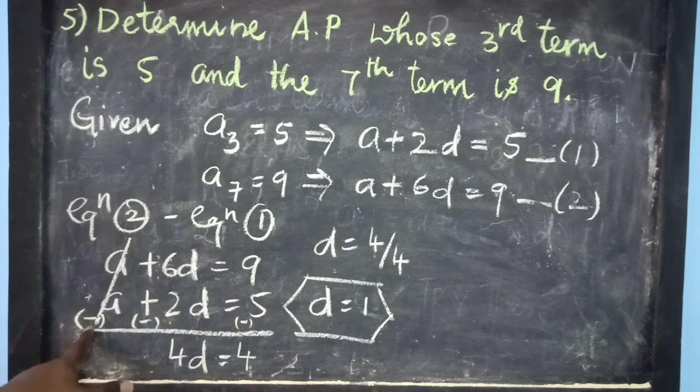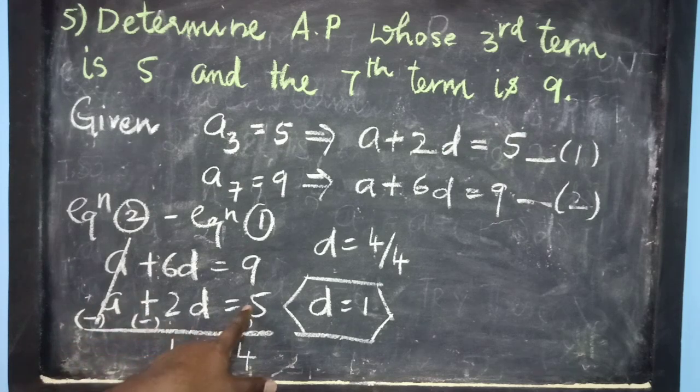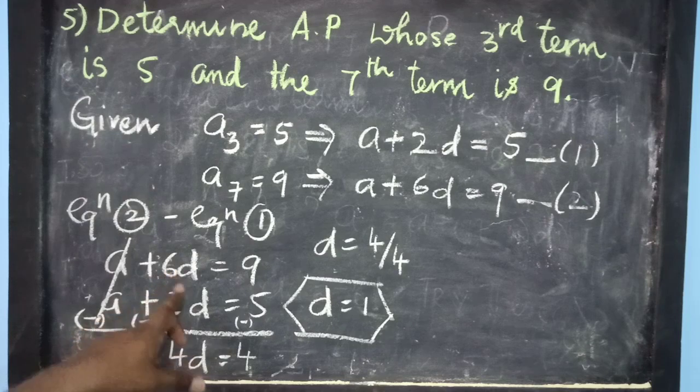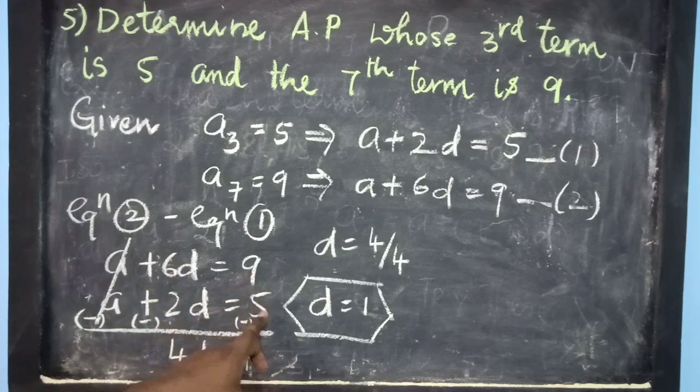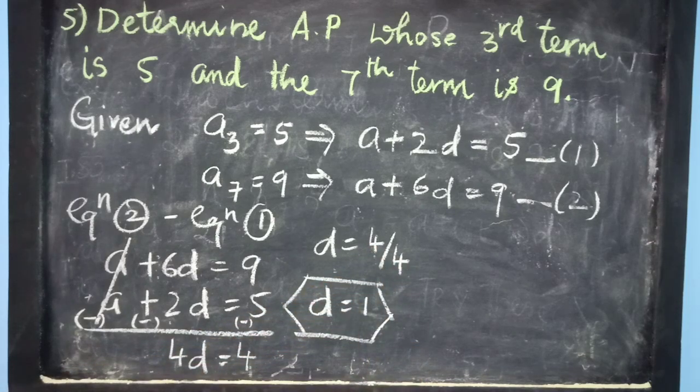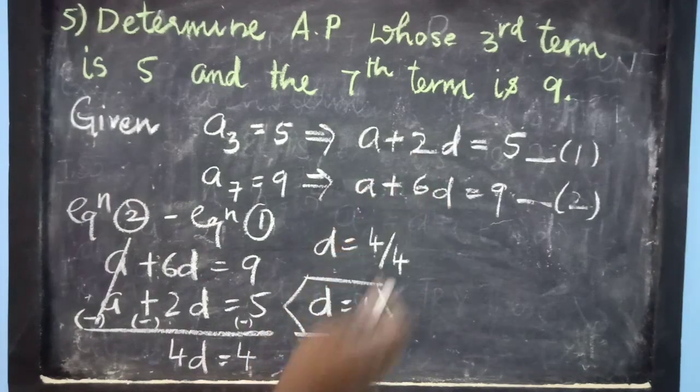Now plus a minus a will cancel out, 6d minus 2d is 4d, 9 minus 5 is 4. Shift this 4 to the denominator of RHS, that is d equals 4 by 4, which is d equals 1. Now substitute this value of d equals 1 in any one of the equations.